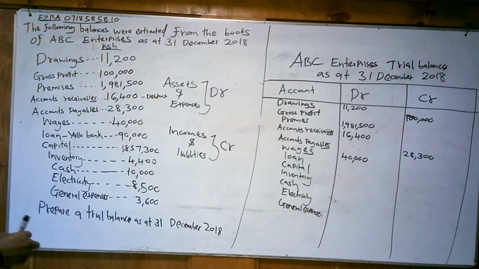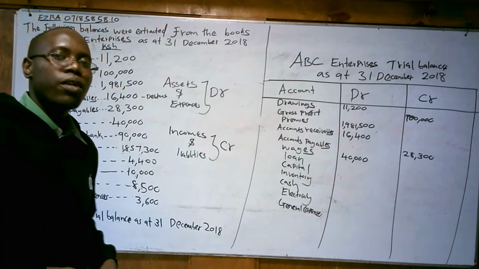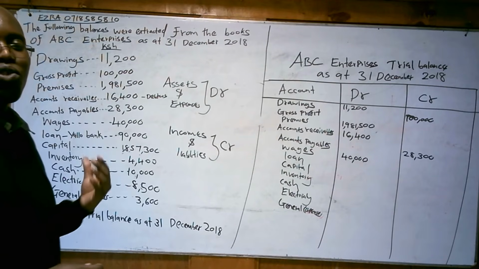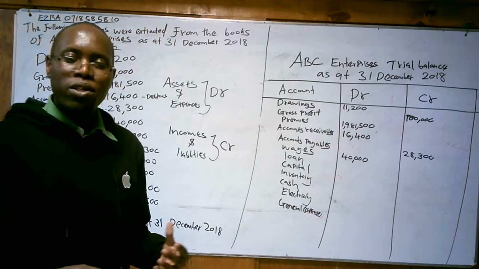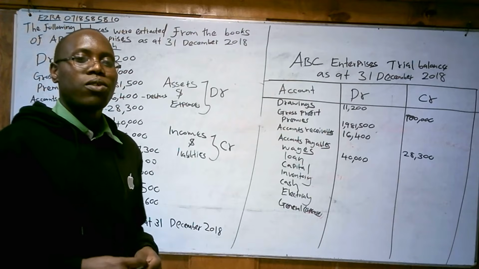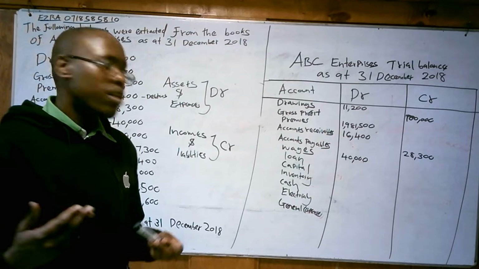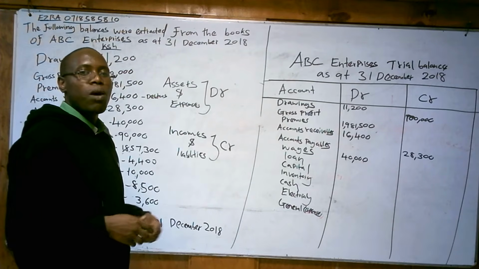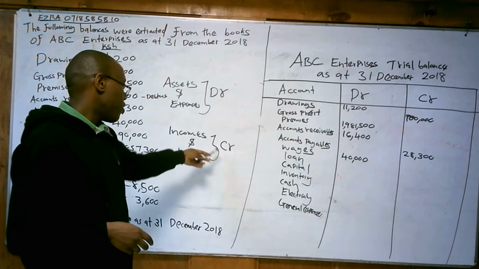Then the next thing that we are going to talk about is the loan from Yellow Bank. We have that loan from Yellow Bank there. You need to know loans are actually liabilities, and we have said that incomes and liabilities should appear on the credit side.